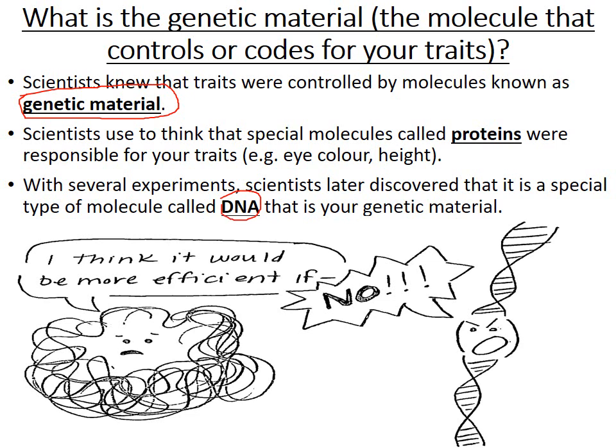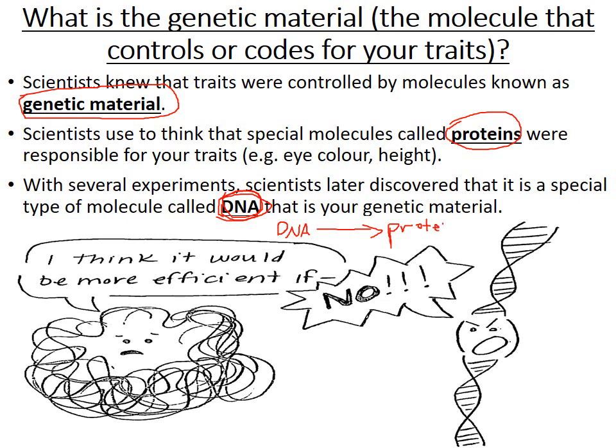In the old days, we used to think that protein was the genetic material, but today we know it's not. Today we know it's DNA. Protein does work closely with DNA to help give you your characteristics, but it's DNA that's the main code, the main blueprint. The idea is that DNA has instructions to make proteins, and then those proteins will go and give you your characteristic.